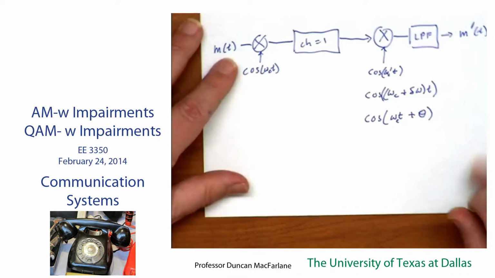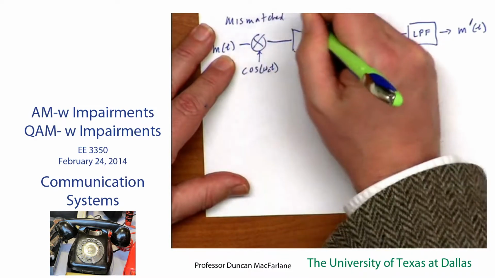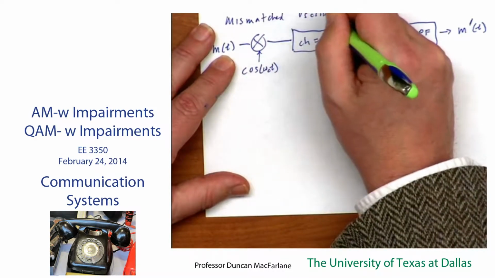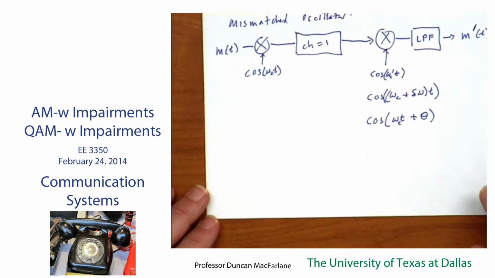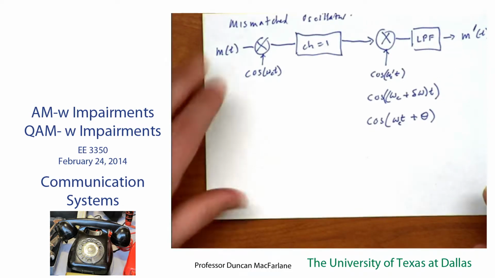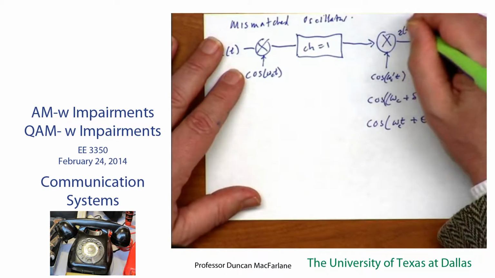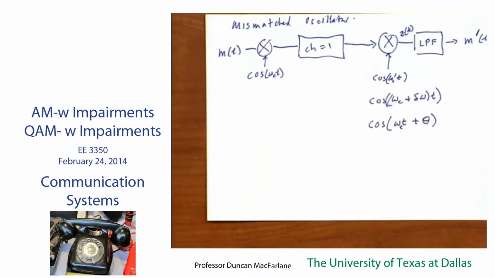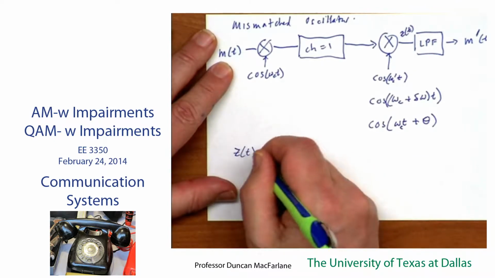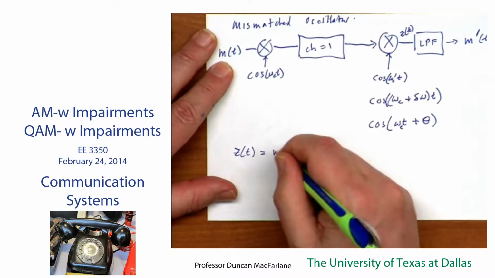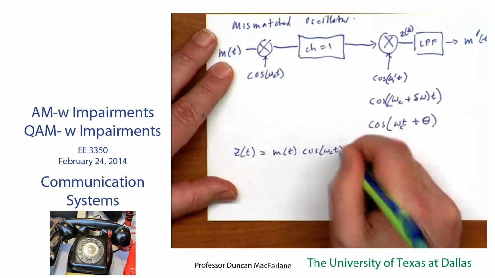Right? So, mismatched oscillator. Okay. So, I think I labeled this guy Z of t. Is that right? So Z of t will equal m of t multiplied by cosine omega ct.